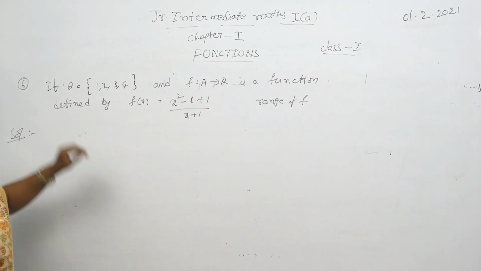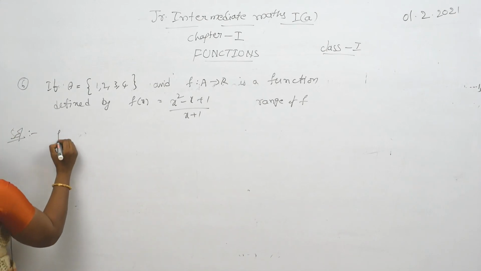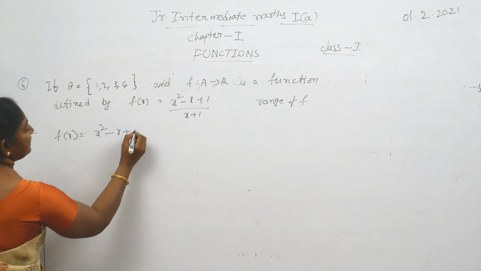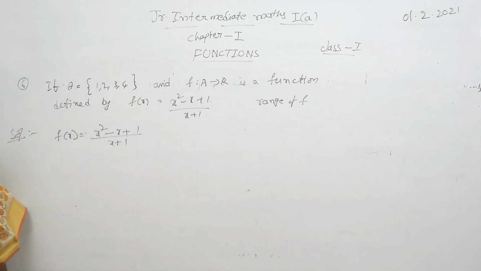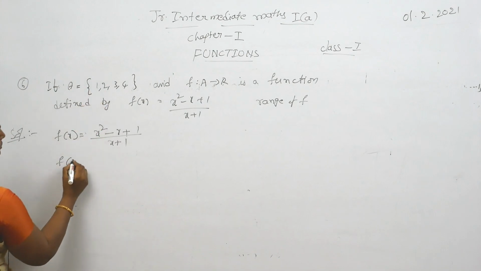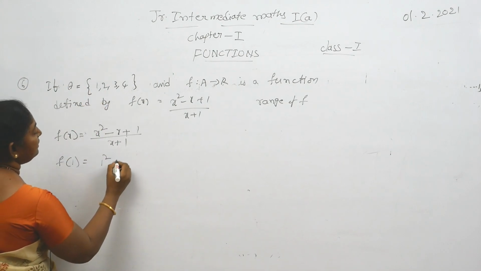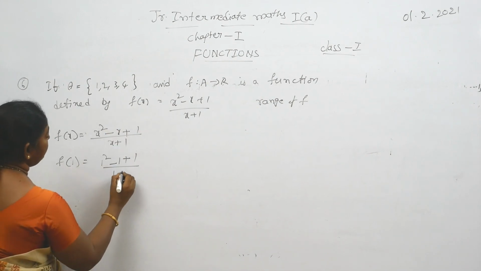We have to substitute all these values in this expression. So, f of x is given. f of x equals (x square minus x plus 1) by (x plus 1). So here, first we have to take 1. f of 1 equals (1 square minus 1 plus 1) by (1 plus 1).